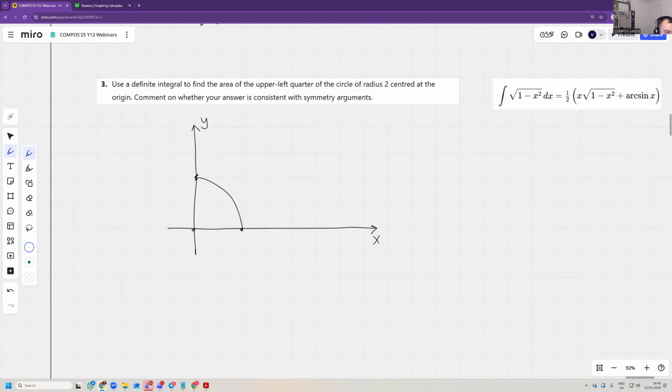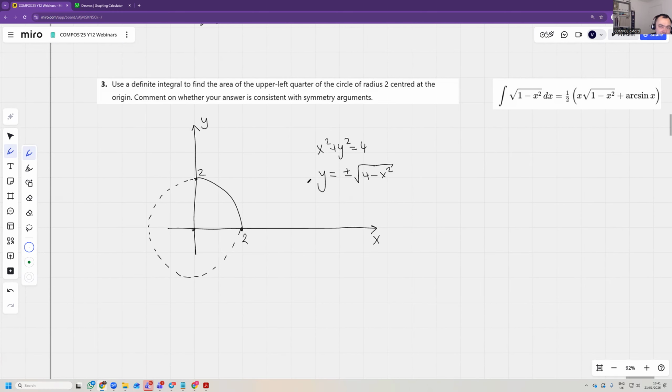Now, we know that the equation of a circle of radius 2 is x squared plus y squared is 4. That means y is equal to plus or minus square root of 4 minus x squared.